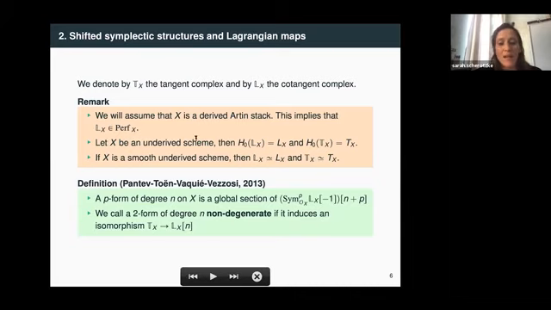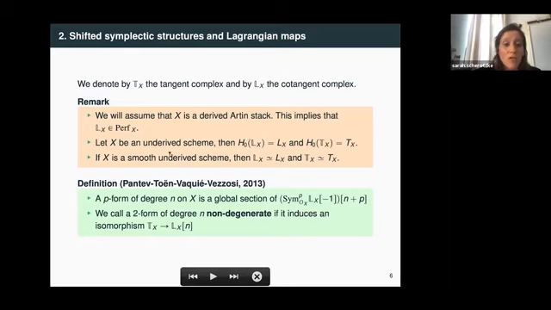So if X is an underived scheme, then taking the zero truncation of the cotangent complex and the tangent complex would just give me the ordinary cotangent sheaf and tangent sheaf respectively.